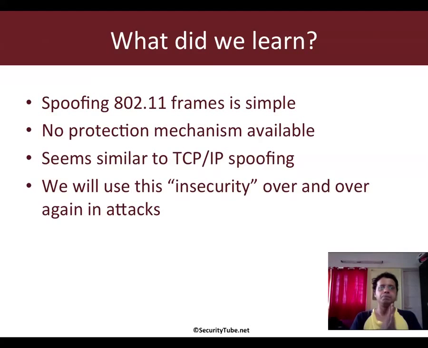Okay, so what have we learned? Spoofing 802.11 frames is very simple. Why? First, all of them are plain text. Second, there is no encryption to protect the actual headers of management data and control frames, which means all the headers are out into the open. And specifically, there is no way anyone can stop an attacker from actually generating spoofed frames and pushing them into the air.